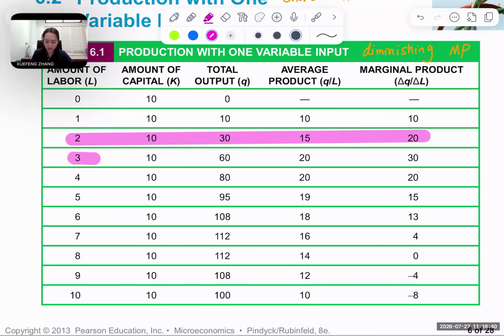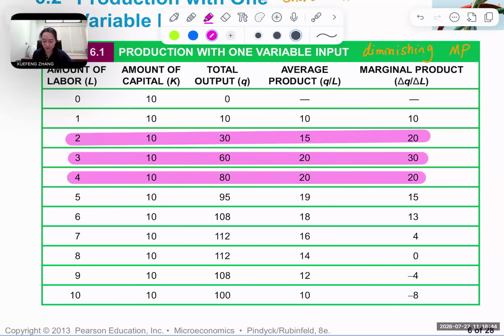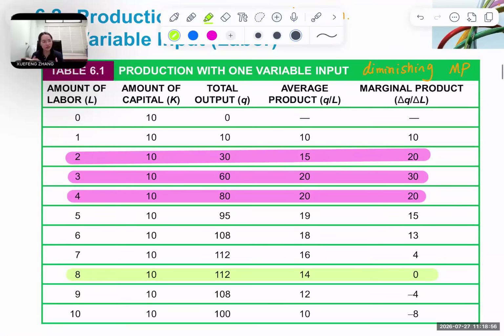And also 3. Okay, let me highlight them. And then we have one more, which is at labor equal 8. All right, marginal product equals 0. Okay, just remember those several points because I'm going to show you next.